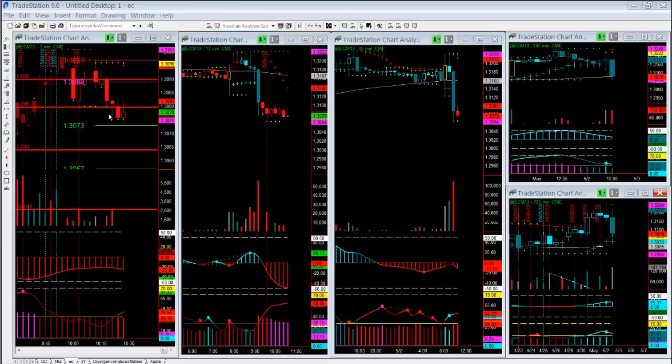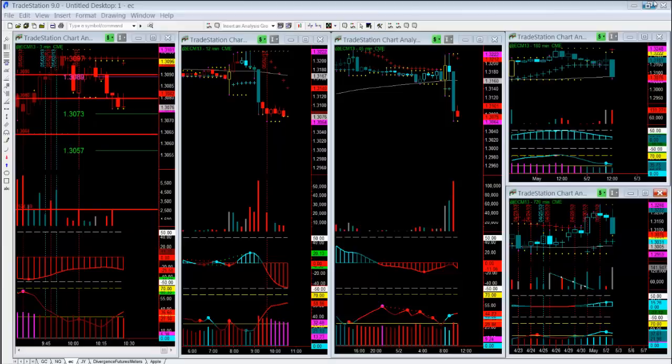What you're doing is forming a triple top here and a double bottom here. And a triple top should do what? It should push price down. Let's see if it does it. There you go.